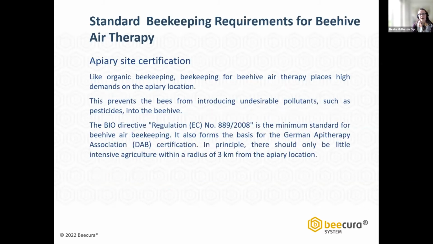In terms of apiary site certification, if you want to do beehive air therapy professionally and want to get it accepted as a form of therapy by the medical society, as much certification and information as we can share, the better.